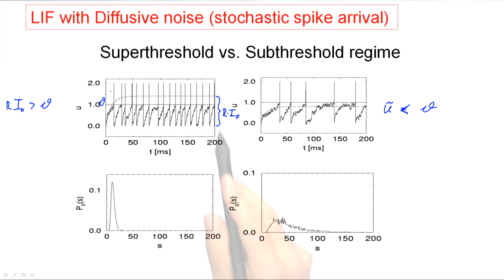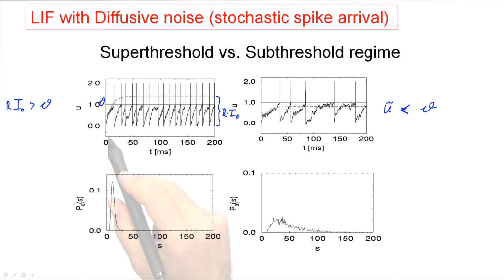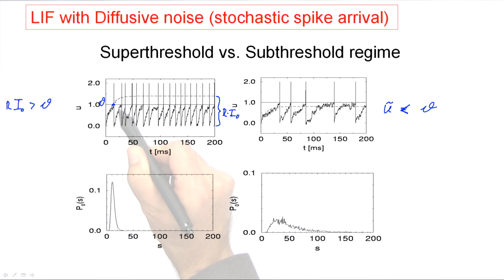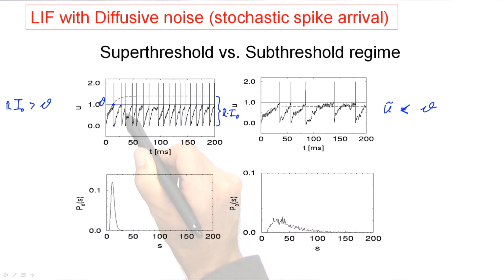That's indicated by the dashed line. But because there's a threshold, of course, I have a spike, I reset, I have another spike, I reset. So in this case, the threshold would be reached even in the absence of the fluctuating contribution to the current. And for this superthreshold regime, the interval distribution is sharply peaked.